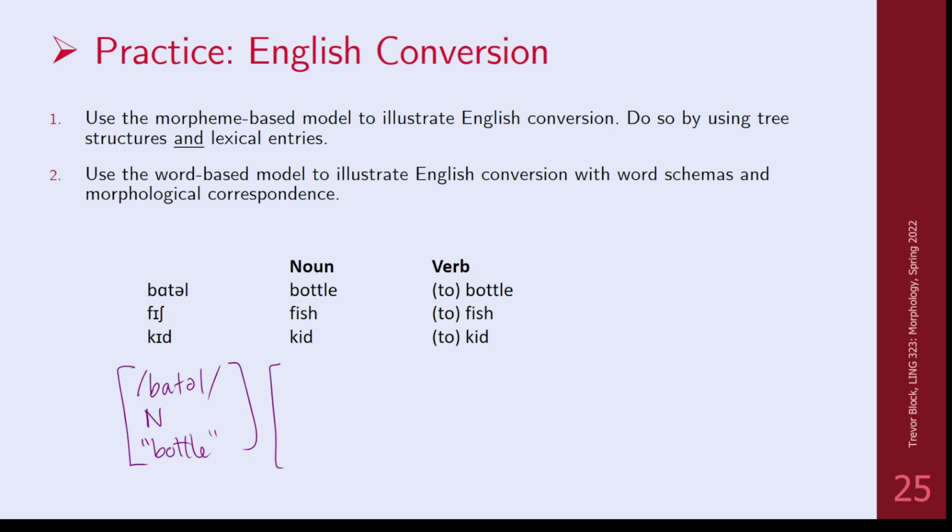Well, we'd have to do this zero morpheme. So it's not pronounced. It attaches to nouns, and what it does is it makes the verb form of whatever the noun is. So that could be how we do a morpheme-based entry for that. With word-based, we just did that before. So X noun becomes X verb.